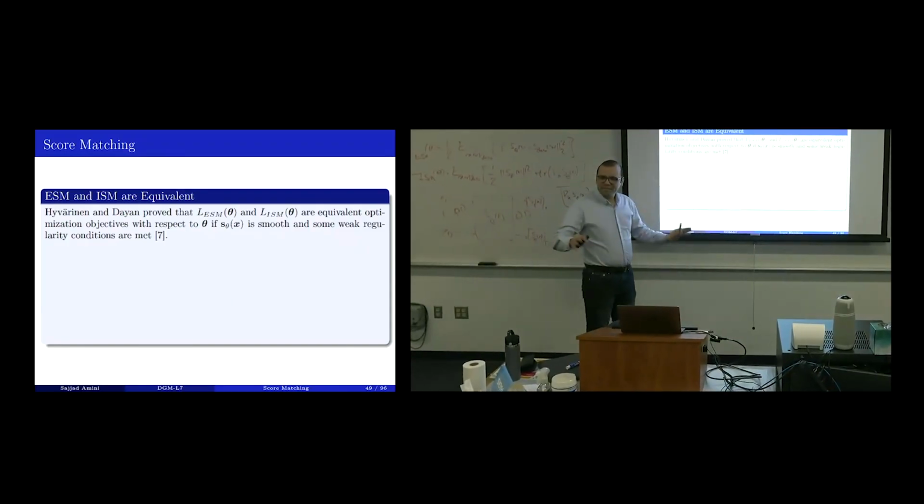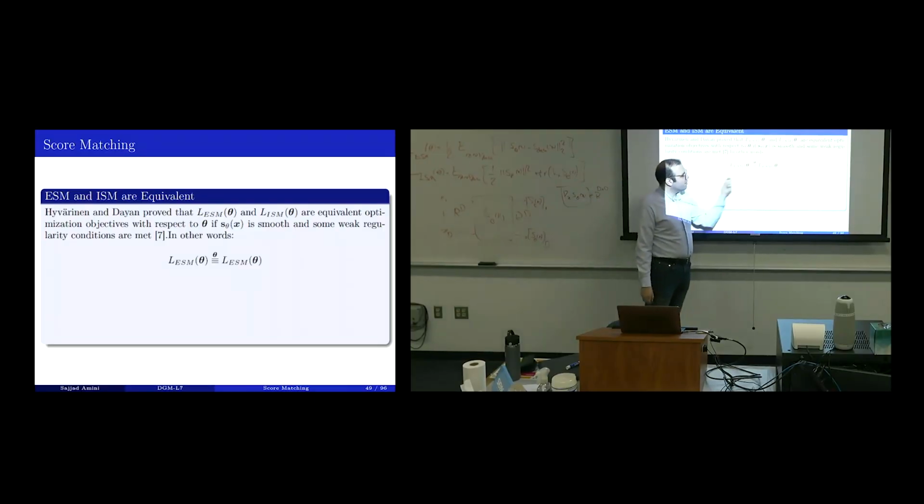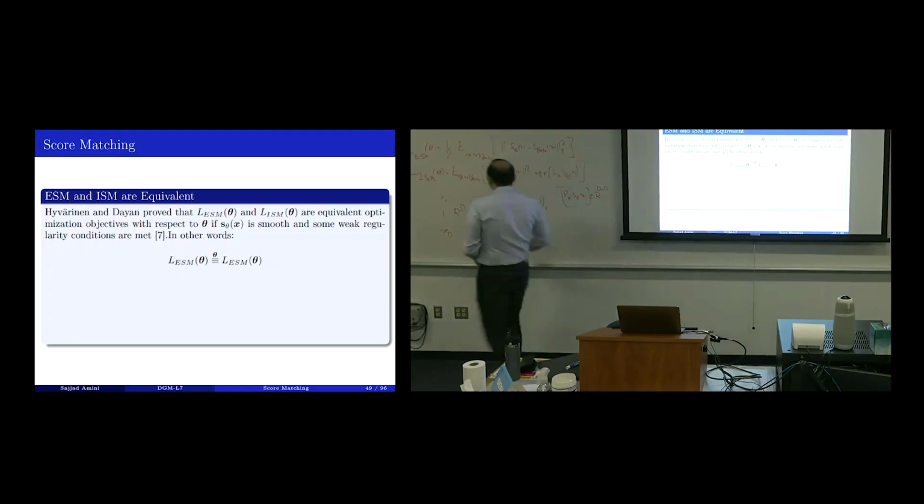If some very weak conditions are met, they are equivalent objectives. We write it with this notation. It means that this term, for example, is theta squared, and this term is theta squared plus 10, plus something which is independent of theta. So the minimizer is the same. This is very important. The result is shown in that paper.